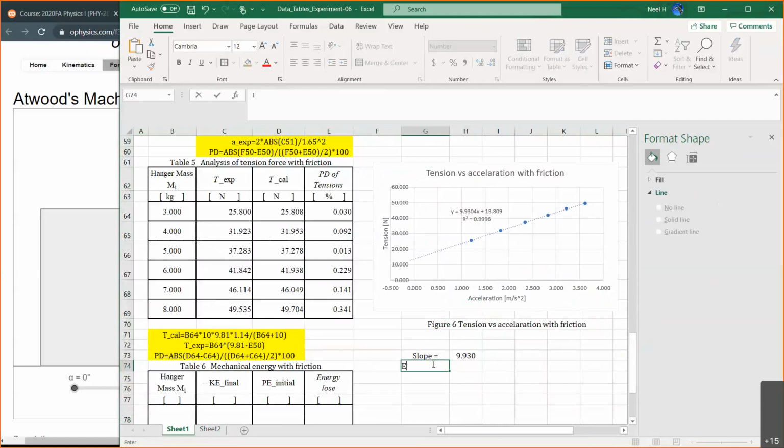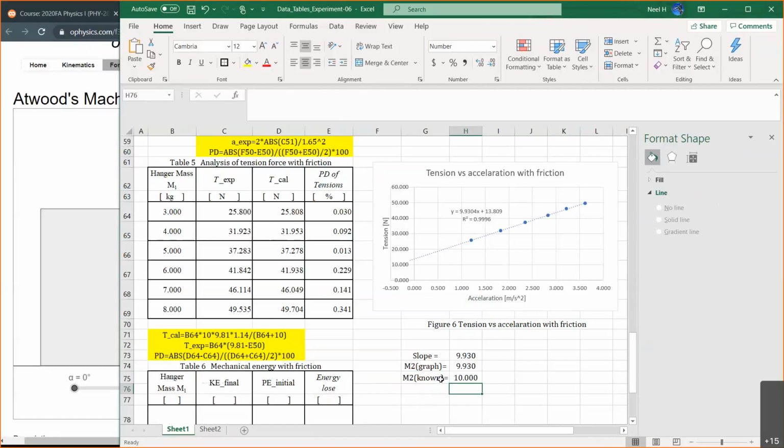So we can say the mass M2 from the graph is simply the slope of the graph, which is about 9.9304. The expected, or known, M2 is about 10.0 kilogram.